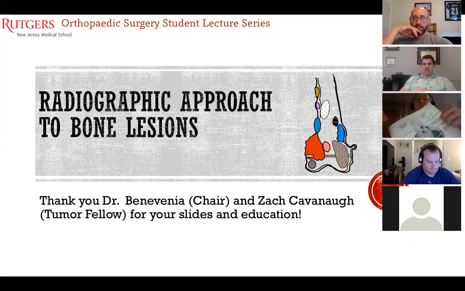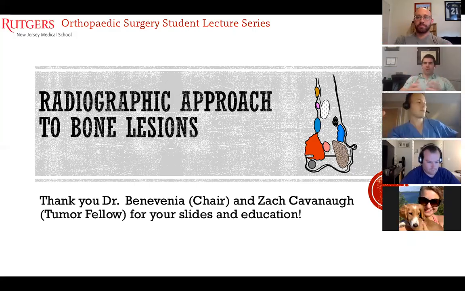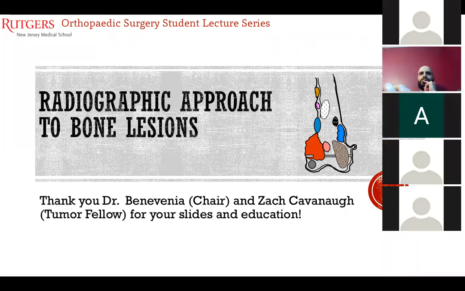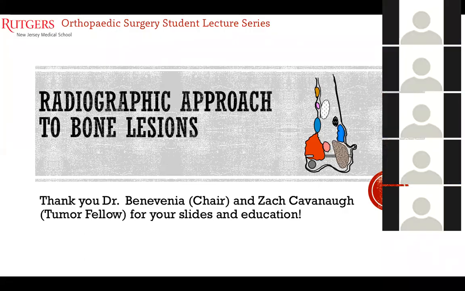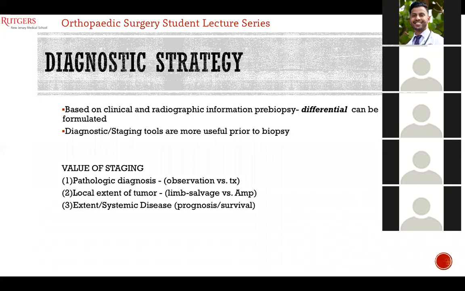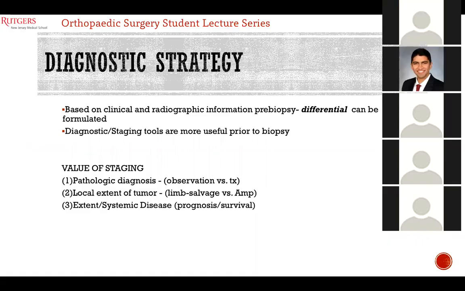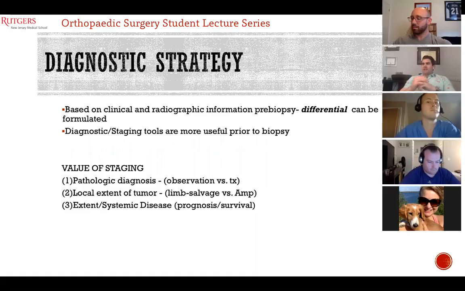So we're not going to really get into having you memorize charts or memorize what things go in tables. But if you can break things down into a few categories, this will give you a good starting point when you have a rotation in oncology. So before we really get into our imaging, let's talk about our diagnostic strategy.